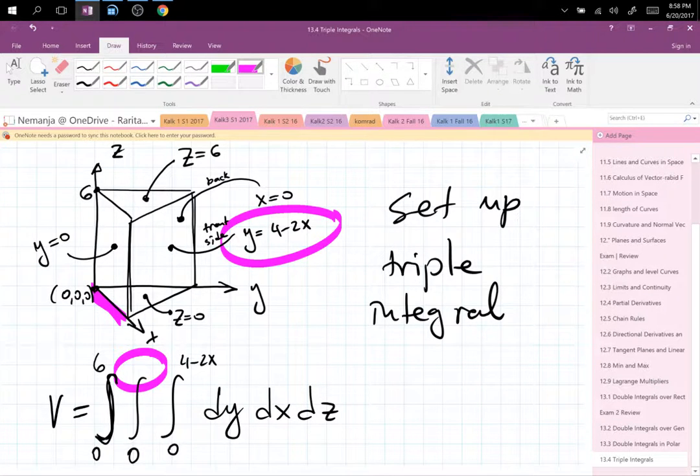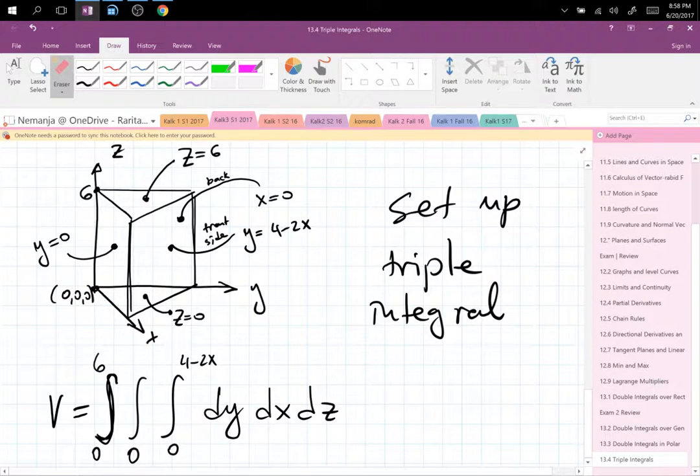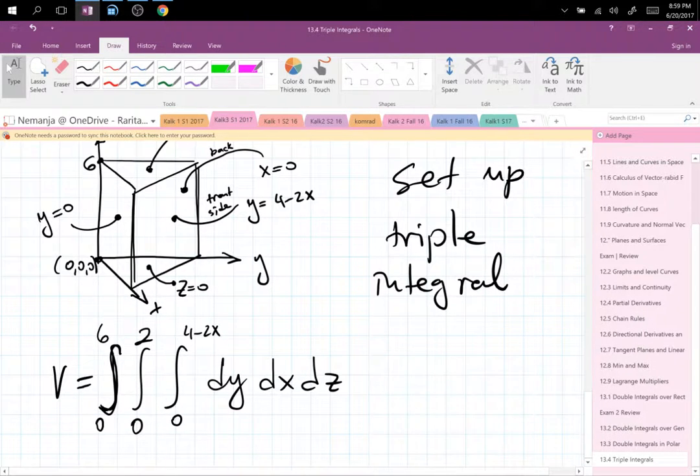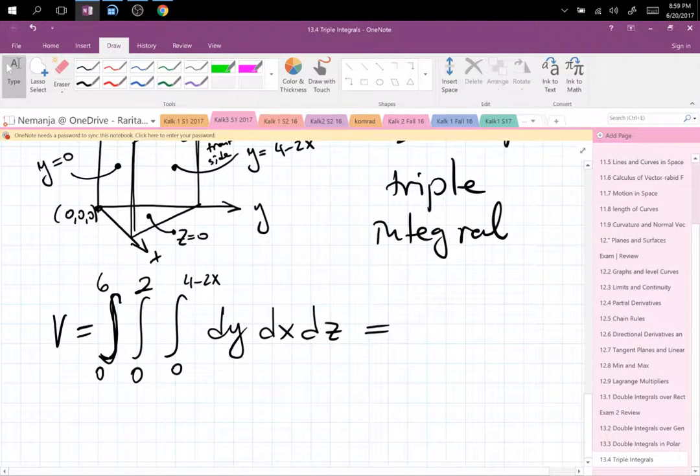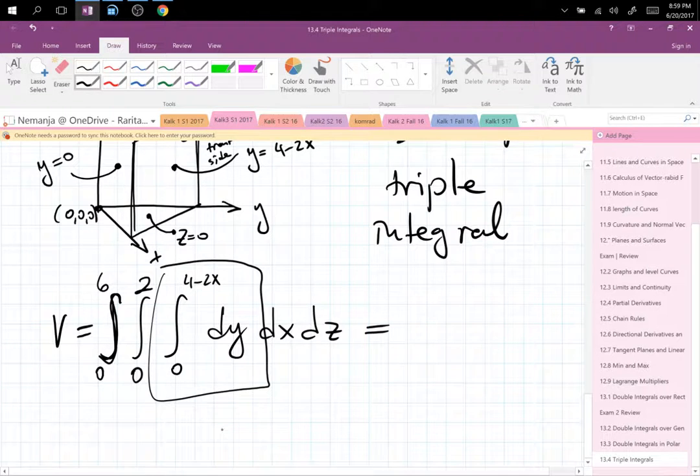That happens when y is equal to 0. To get y equal to 0, x must be 2. And now you just do 3 Calc 1 problems. Do the inner integral first, then the middle one, and then the outer.